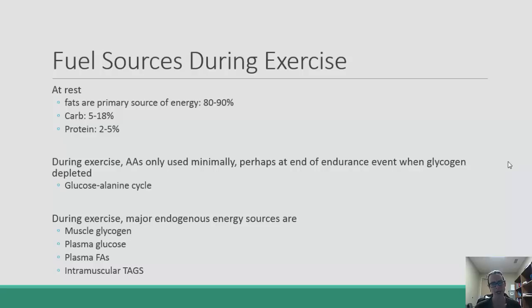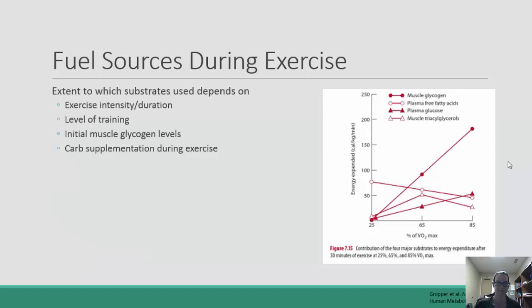Now, during exercise, our major sources of energy are, no surprise, our muscle glycogen, our plasma glucose, our plasma fatty acids, and our intramuscular triglycerides. However, the extent to which we use these substrates depends on a few different factors. So first, it depends on our exercise intensity and duration, and we're going to talk about that.